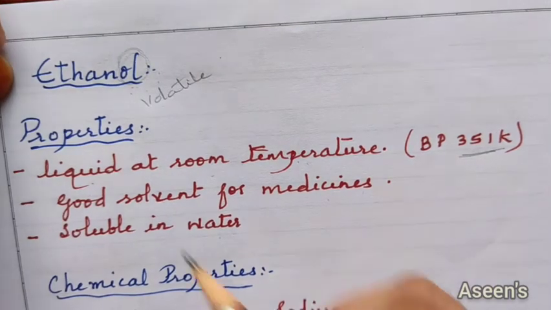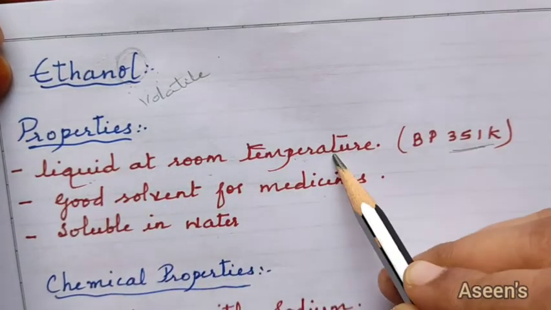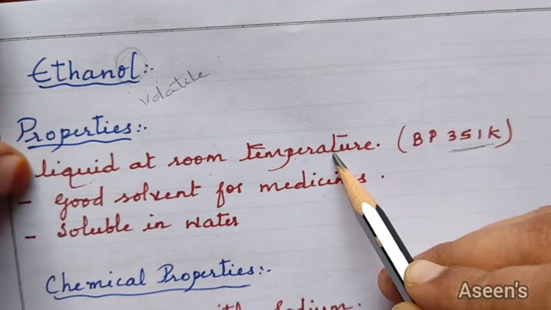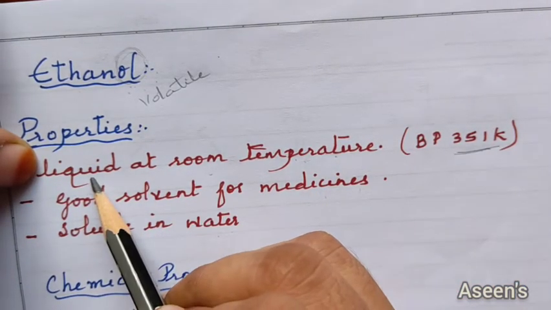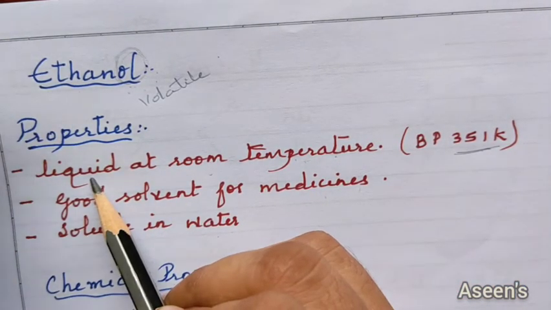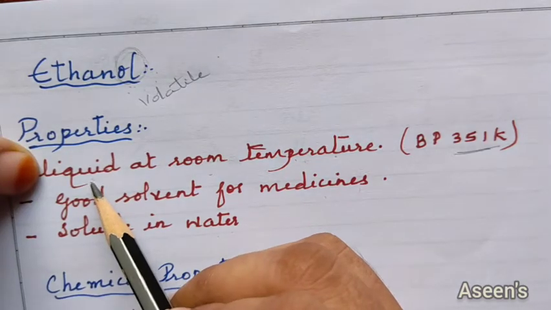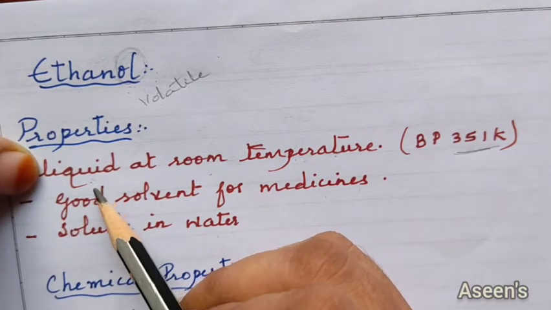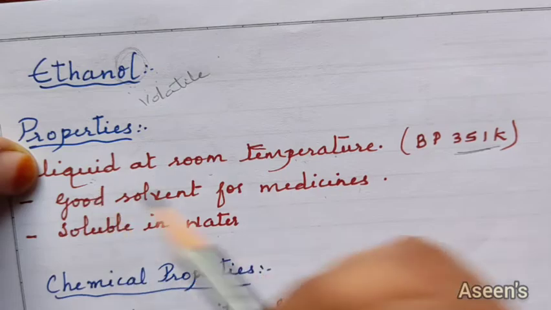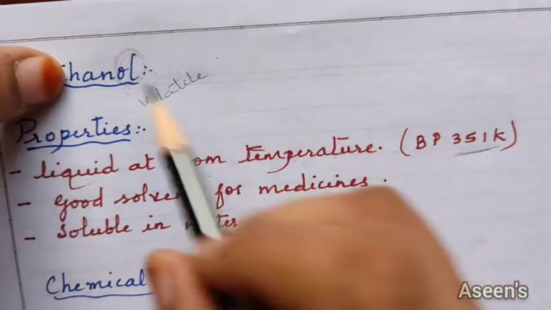So ethanol is liquid at room temperature. Okay, so when I say it's a liquid at room temperature, it's actually at a lower room temperature. If at all the room temperature is a bit higher, in that case it might evaporate.